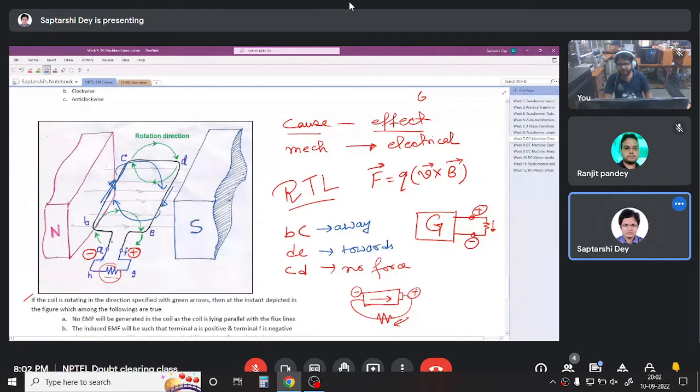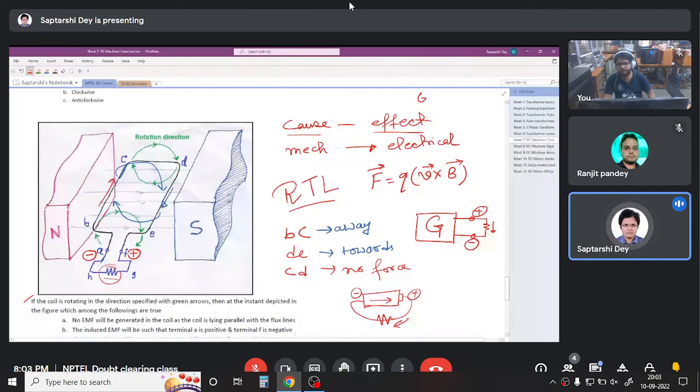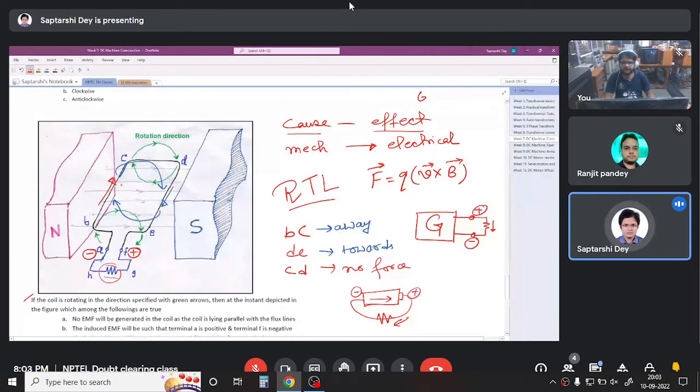But you see, once DE comes here, this DE segment will now carry current in this direction, because all it understands is the motion and the field. So basically, if I have a connection like this, what I will have here is an alternating current.